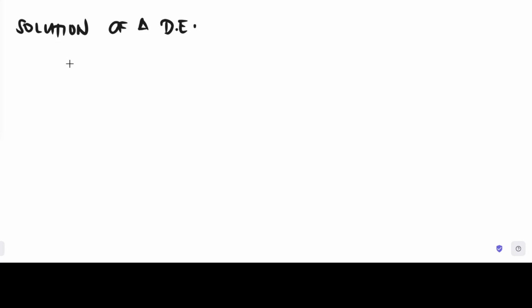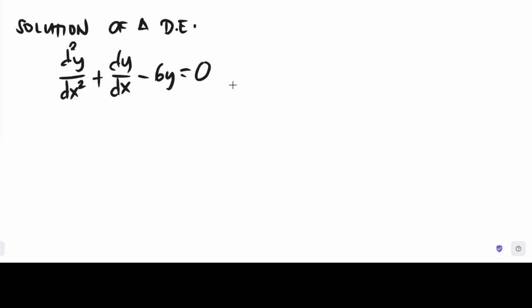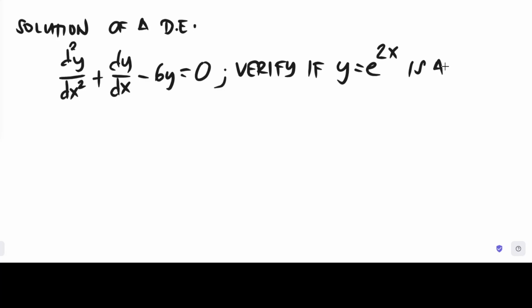For example, if we have the DE second derivative of y in terms of x plus the first derivative of y in terms of x minus 6y is equal to 0, we want to verify if y is equal to e raised to 2x is a solution to this DE.